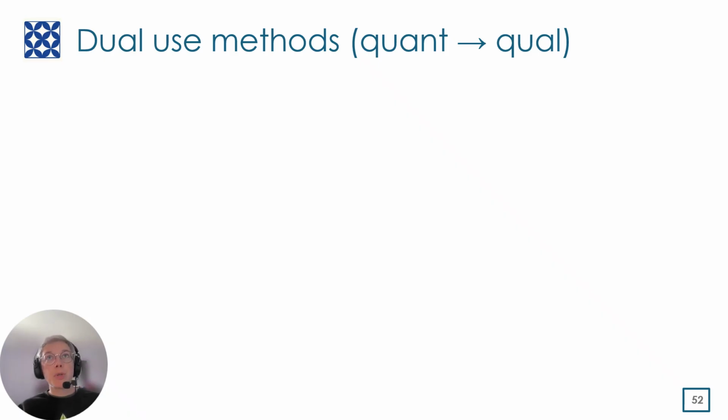Okay, what about dual use methods? And here we're targeting specifically methods where quantitative analytes can be turned into qualitative analytes in the event of a QC failure or a calibration curve failure or what have you.